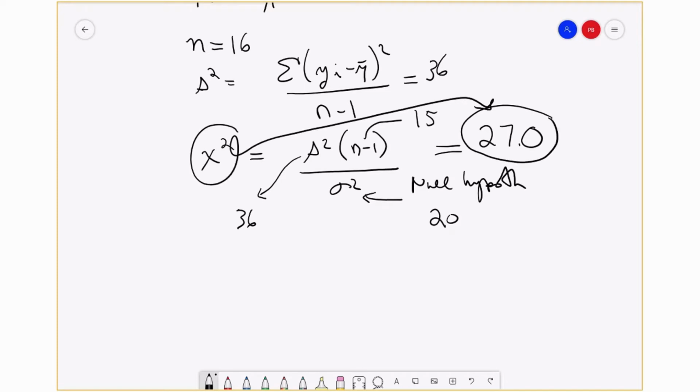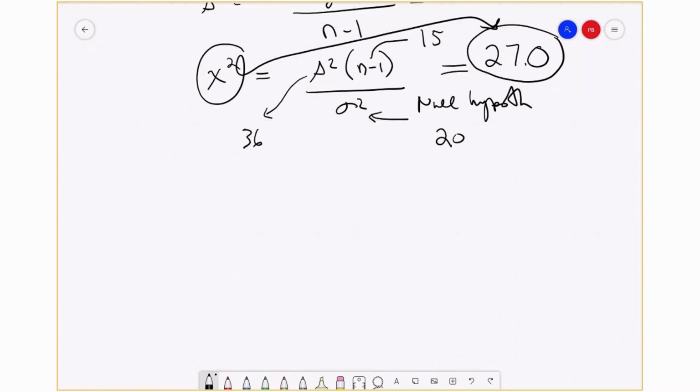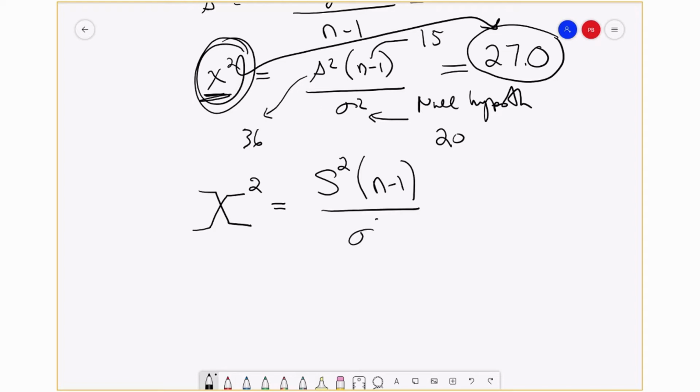But this is just the one particular value we got. If we consider all possible values of the chi-square we could have gotten by drawing an infinite number of samples from our underlying population, assuming that our underlying population was normal and had a variance of 20, well, then we can think of this random variable, which we're going to represent as capital chi squared, and it's going to be capital S squared times n minus 1 over sigma squared.